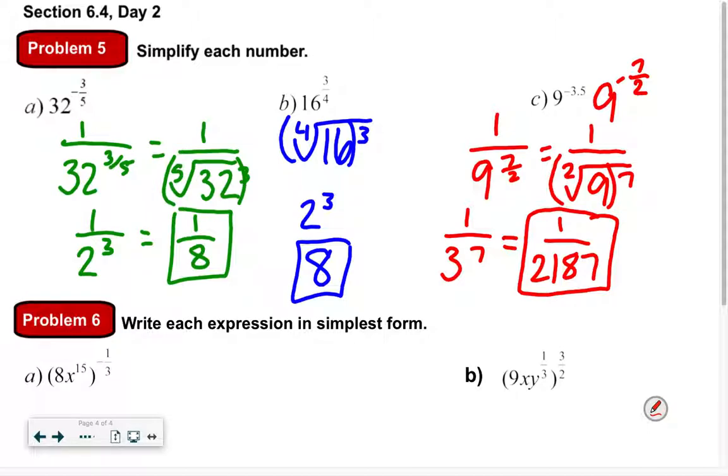So when we have fraction exponents, the easiest thing to do is turn it into a radical and then play with it from there. Either pull something out, simplify your roots, and for negatives, put a 1 on top.